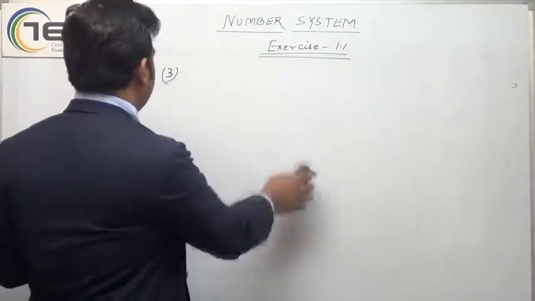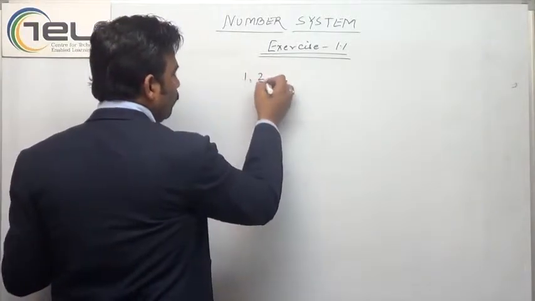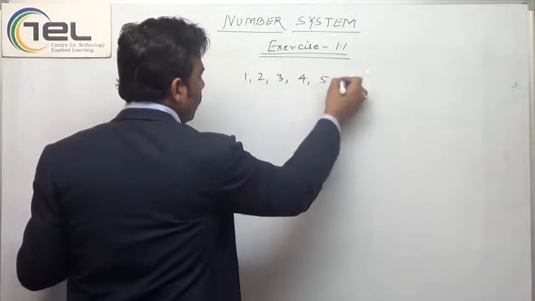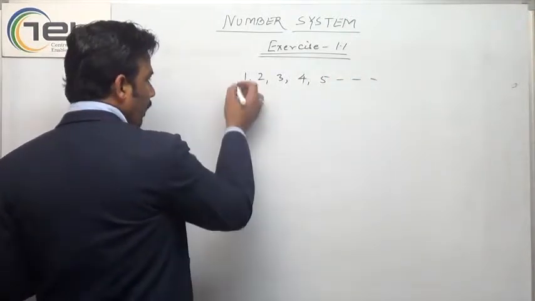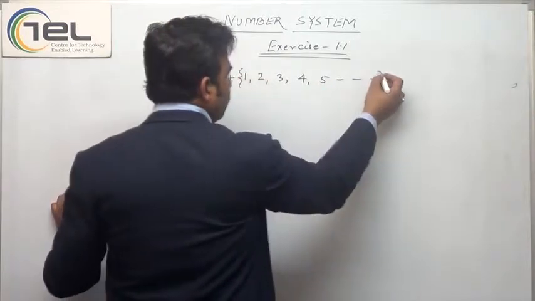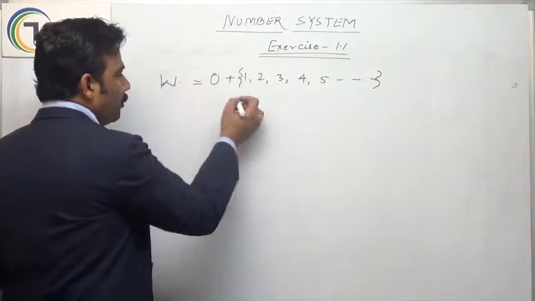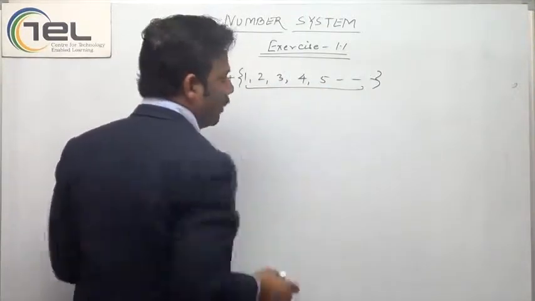Why? Natural numbers are 1, 2, 3, 4, 5 and so on. If I add 0 to them, then they will become whole numbers. So every natural number is a whole number.